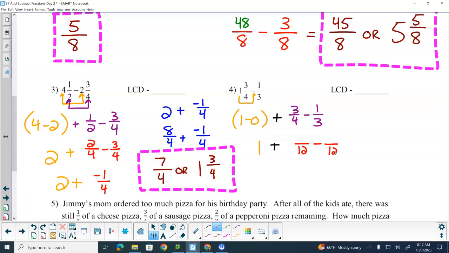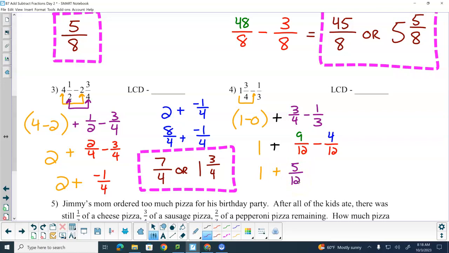So 3 times 3 would be 9. 3 times what is 12? 4. 1 times 4 is 4. Okay. 9 minus 4 is 5. Over 12, and that's still going to be over 12, because that's my common denominator.